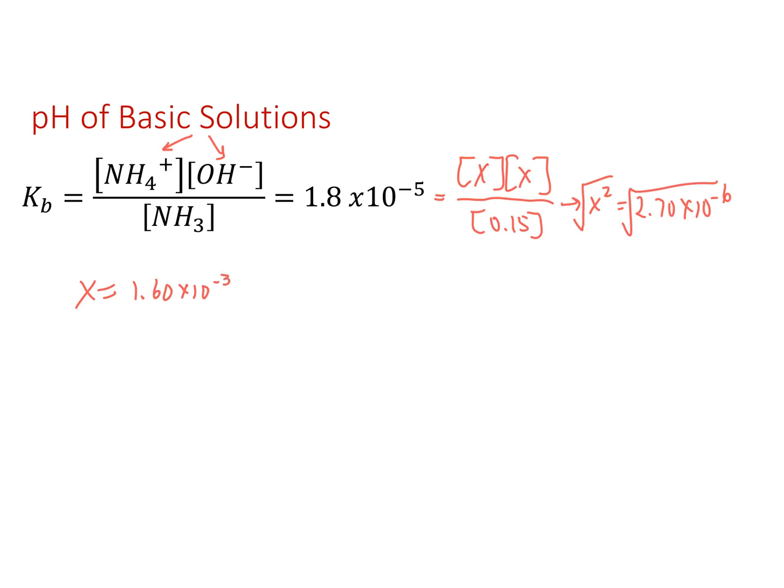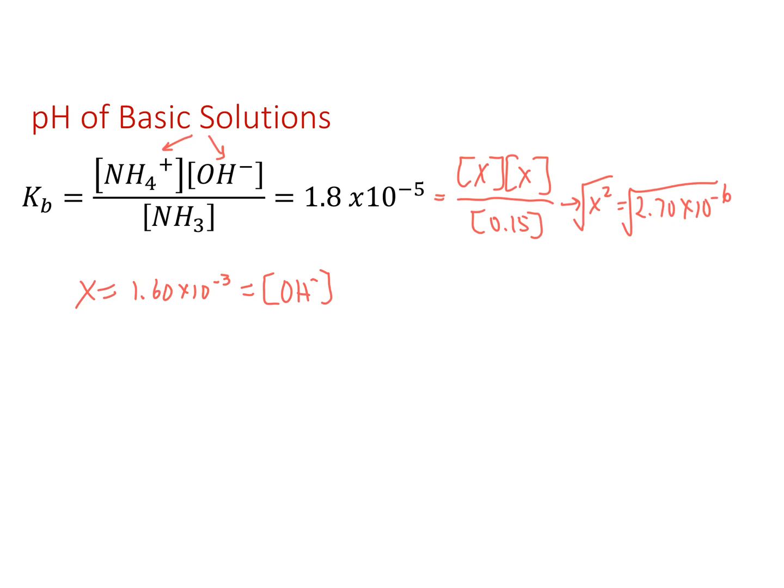And again, people get caught up in the calculation. They forget what X is. So X equals my concentration of hydroxide. So this calculation is a little bit different than the calculation we did from Ka to pH, because now I know the hydroxide concentration. The next step, I can find pOH, and then I can find pH.